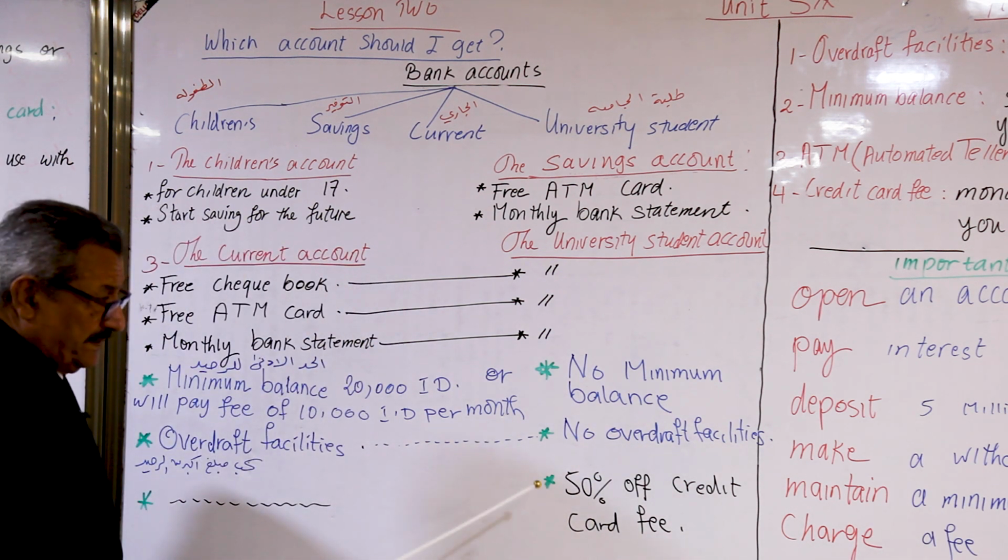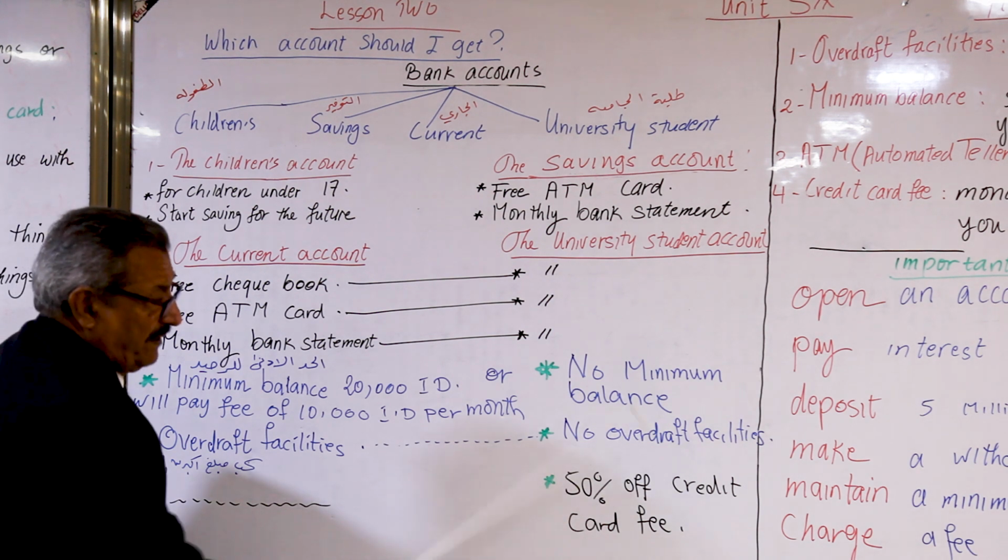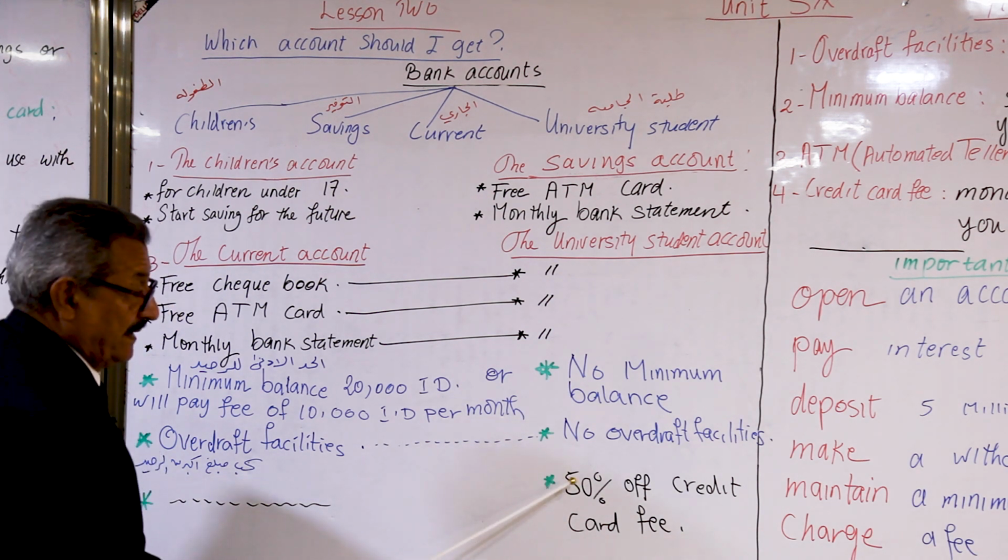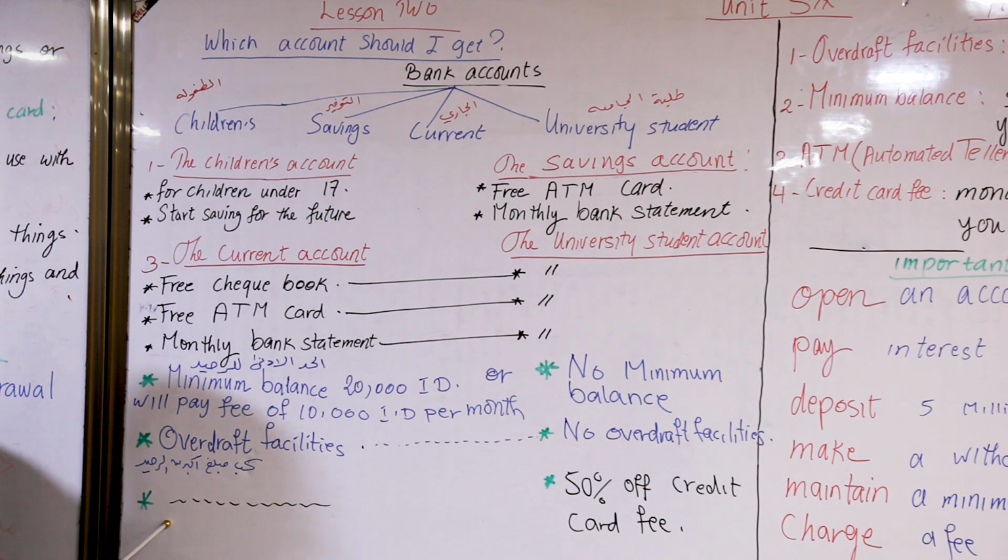If you are a student, you have 50% off this fee. No 50% in the current account, 100%. This is the difference between the current account and university student account.